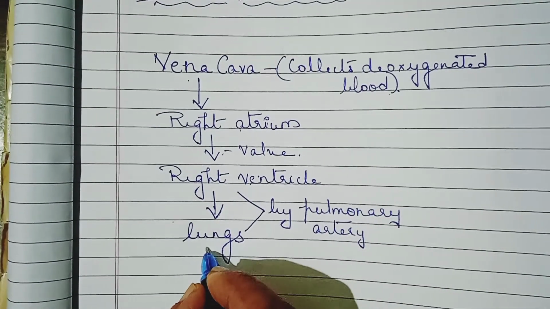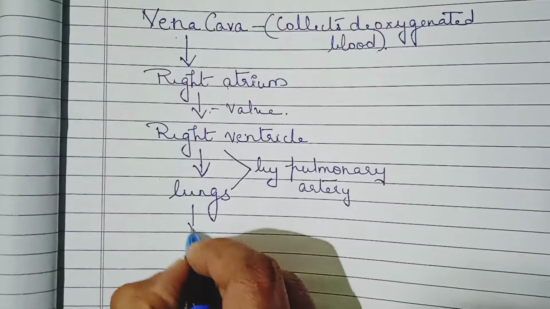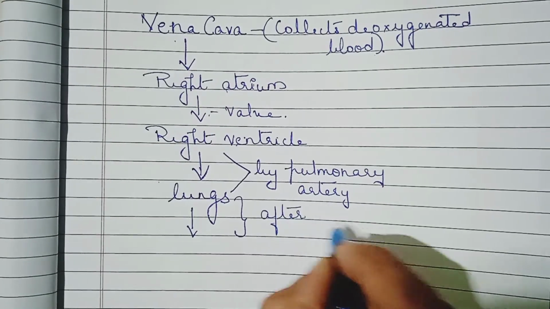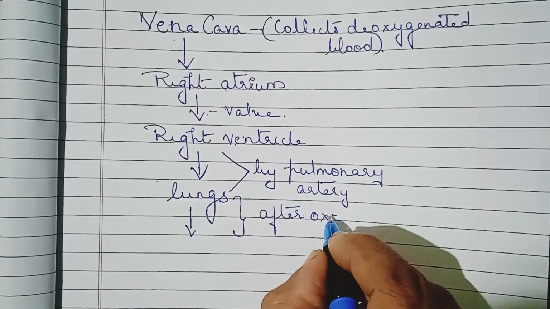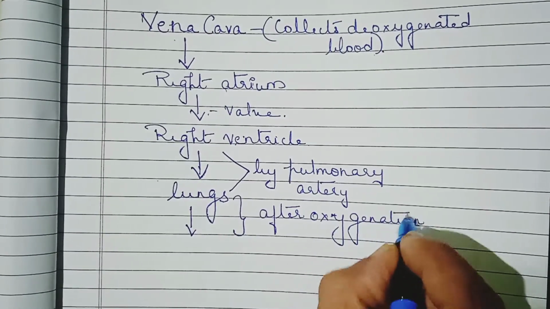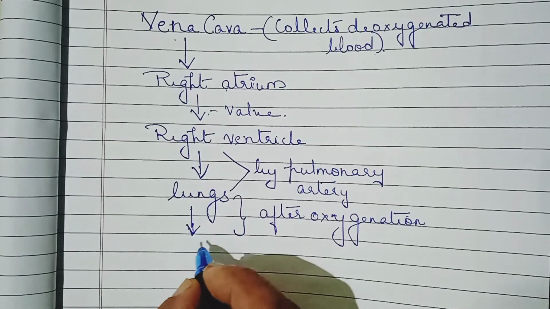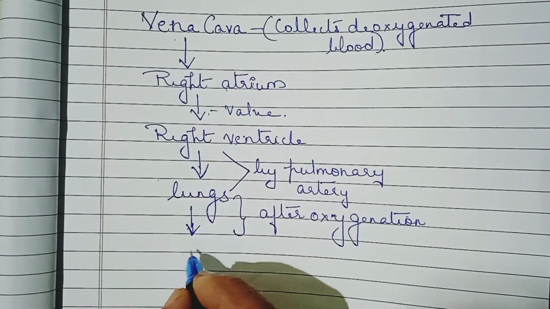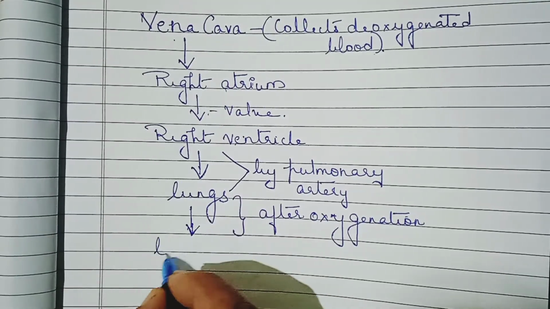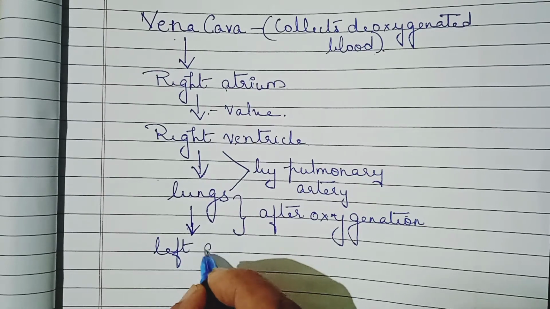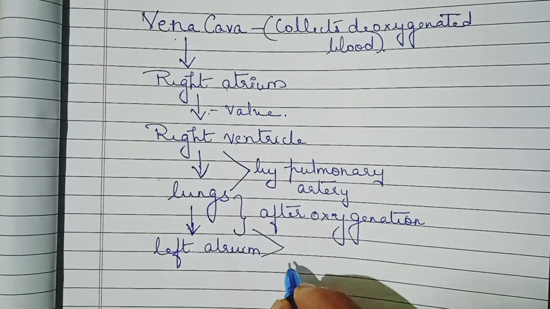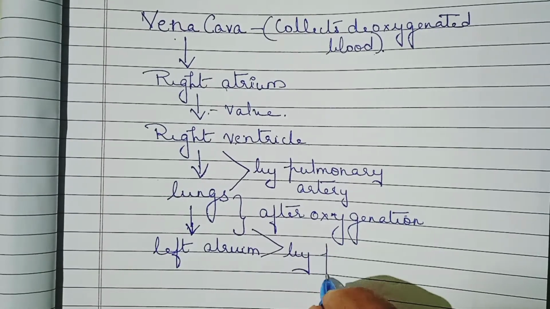Now from the lungs, after oxygenation, where does it get into? From the lungs it gets into the left atrium. By whom? By the pulmonary vein.